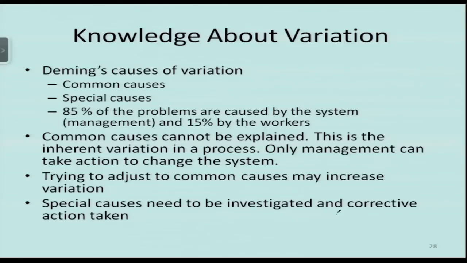The only way we can bring about real change in a system affected by common causes is for management to understand the system and what causes it to perform at a certain level.